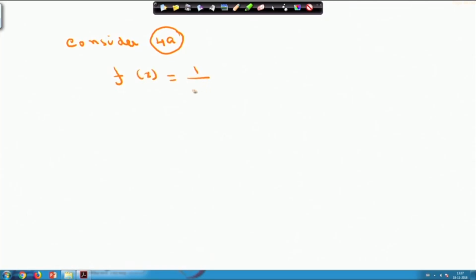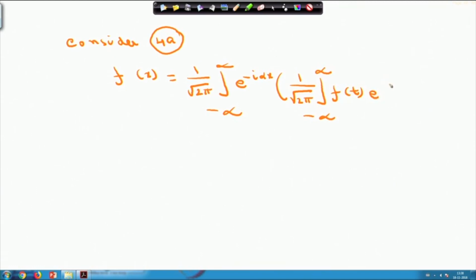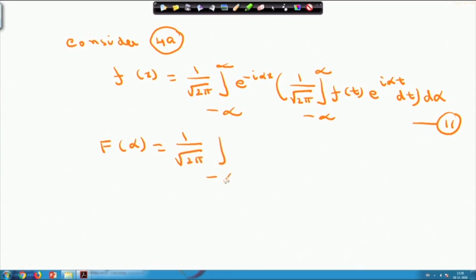Then f(x) equals 1 by root 2 pi, and you can represent it the same way: e^(minus i alpha x) into 1 by root 2 pi, integral from minus infinity to infinity of f(t) e^(i alpha t) dt d alpha. This is, say, equation 11. Now you denote capital F(alpha) equals 1 by root 2 pi, integral from minus infinity to infinity of f(t) e^(i alpha t) dt.